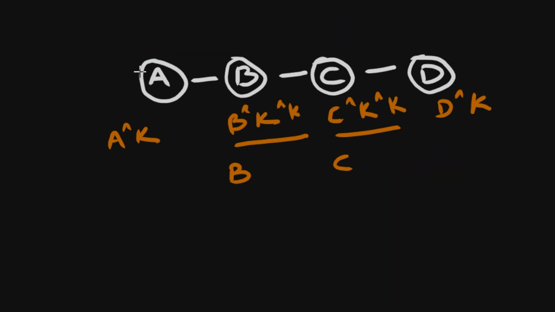Remember, we were going from A to D, and the only different values in all of these are A and D. A is now A XOR K and D is now D XOR K.